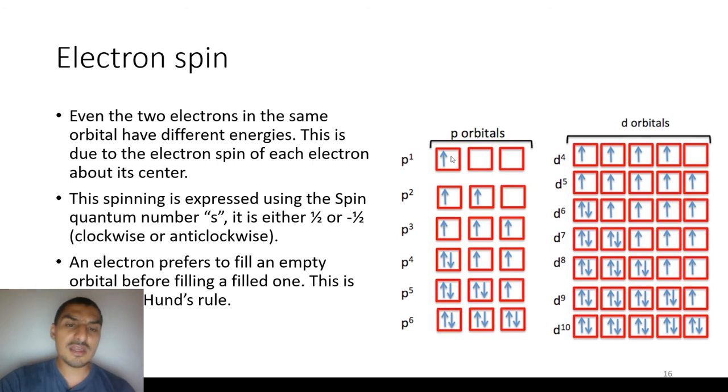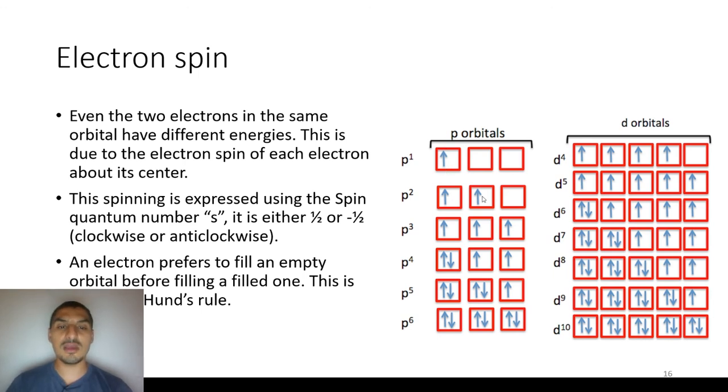And you'll see that the electrons will fill the orbitals in this way. It fills 1, and then the second, and then the third. This is the P subshell that has 3 orbitals, so it fills each one of them. And once they are all filled, it starts to fill the energy level with the second electron. So it's kind of having a smaller energy state, so it's a more stable state.